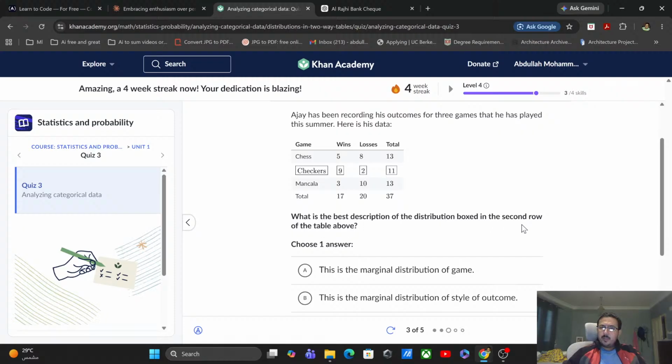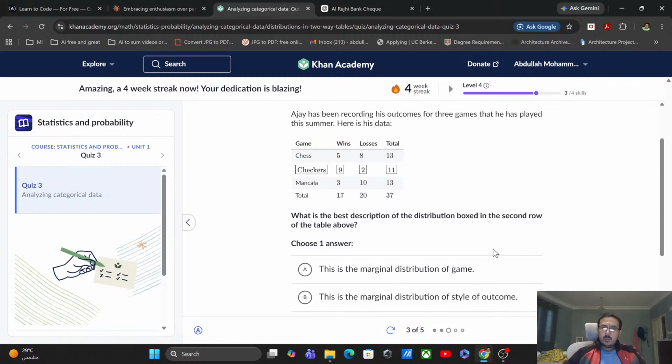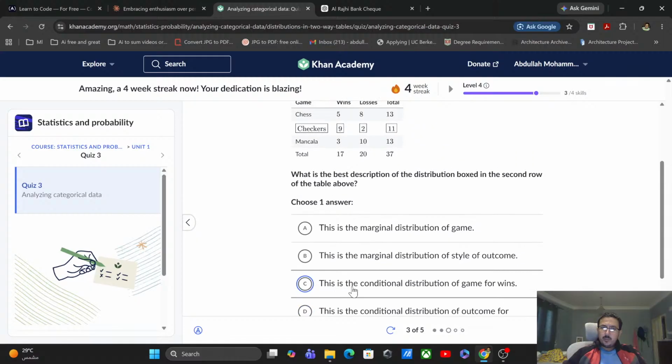Best description: the marginal distribution of gain is the marginal distribution of outcome. Is the conditional distribution of gain for wins. Is the conditional distribution of outcome for checkers.